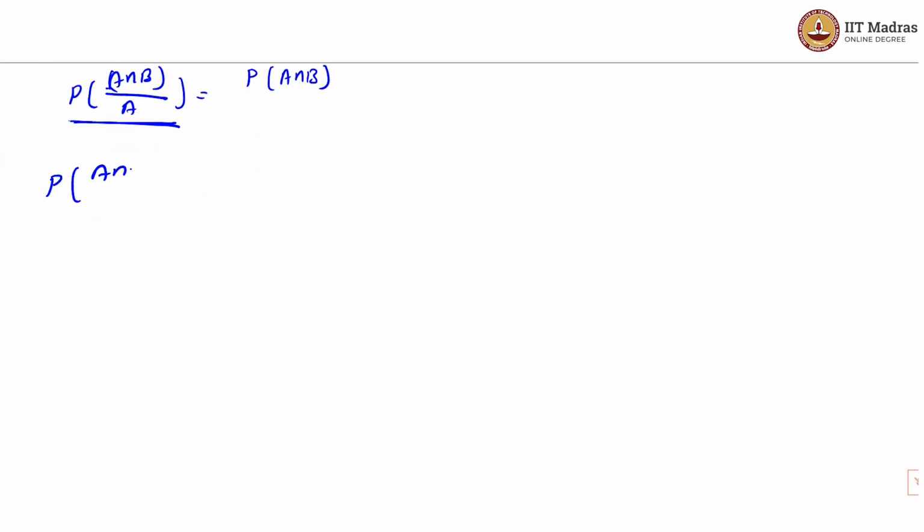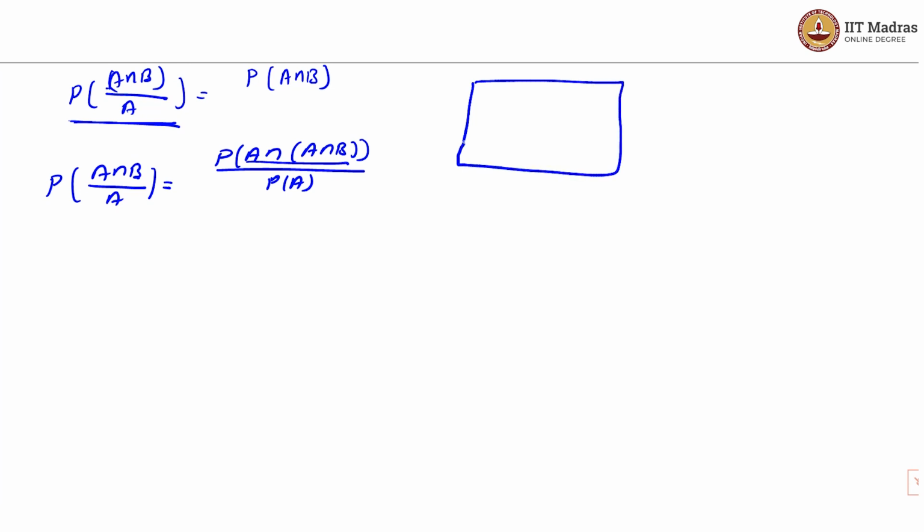That is P of A intersection B given A will be equal to P of A intersection B divided by P of A by the formula of conditional probability. So let me try to find out the value of P of A intersection B. From the diagram, let's say this is my sample space. This event is A and this event is B. So A intersection B will be this part.